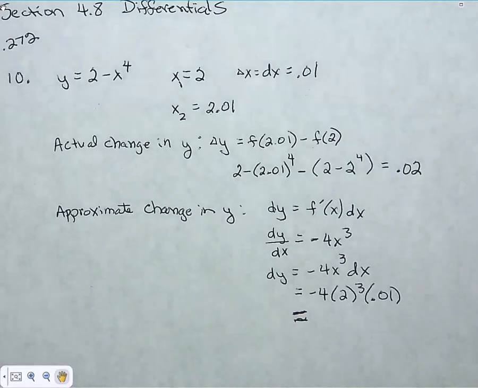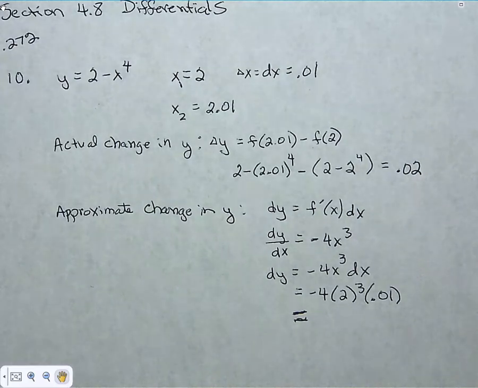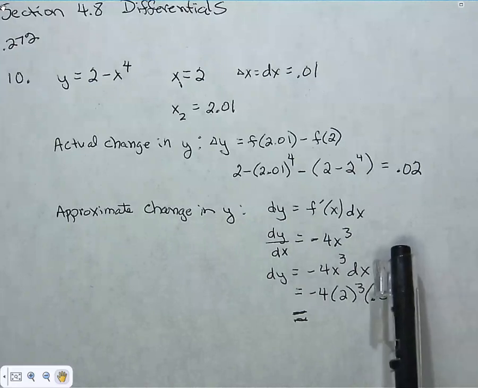Has anybody verified this answer yet? What are you getting here? Well, that's not close. What's going on? That's not what I got. The actual change of y, what did you get? I got negative 0.322.